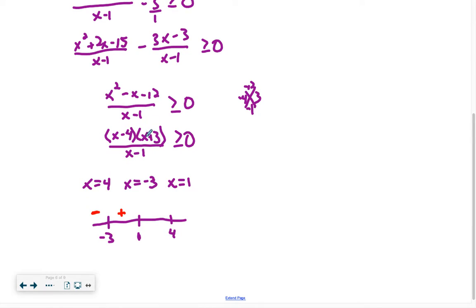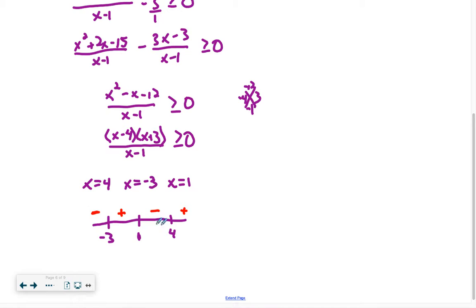So a negative times a positive divided by a positive is negative, and a value greater than 4, say 5. So 5 minus 4 is positive, 5 plus 3 is positive, and 5 minus 1 is positive. So a positive times a positive divided by a positive is positive.